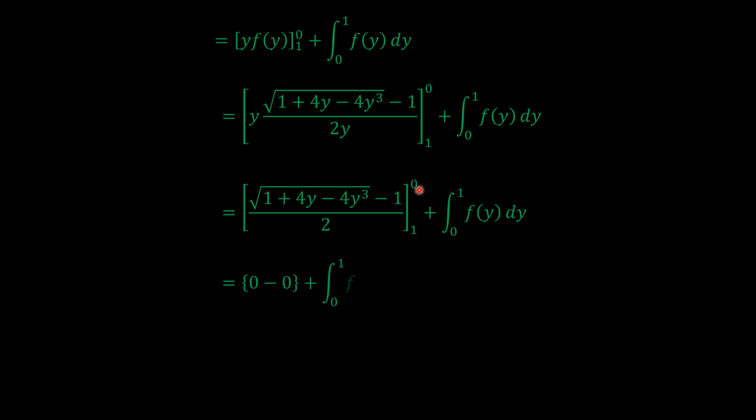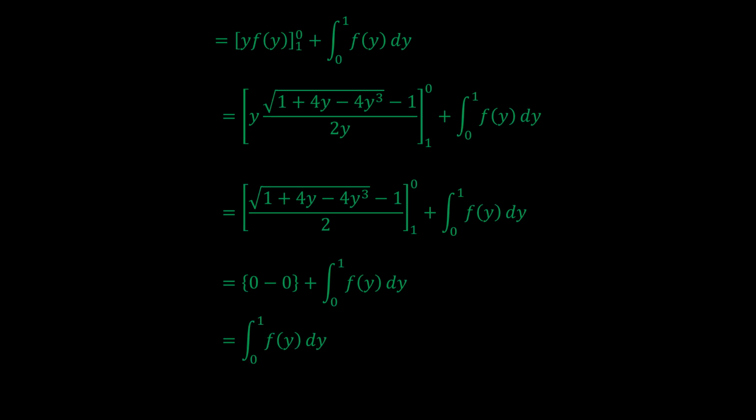When y is equal to 0, this guy goes to 0, and when y is equal to 1, this guy goes to 0. So this entire enterprise goes to 0, and that means that the integral of the inverse function of f(x) from x equals 0 to 1 is just the same as the same integral of x from 0 to 1.